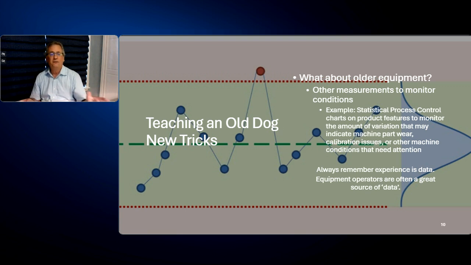I don't know this for a fact, but I would assume there are SPC charts on all this data that the machines are gathering on their own. The newer machines are gathering some form of chart on their own, so they're monitoring trends to send that signal that maintenance is probably required. So something to think about there.